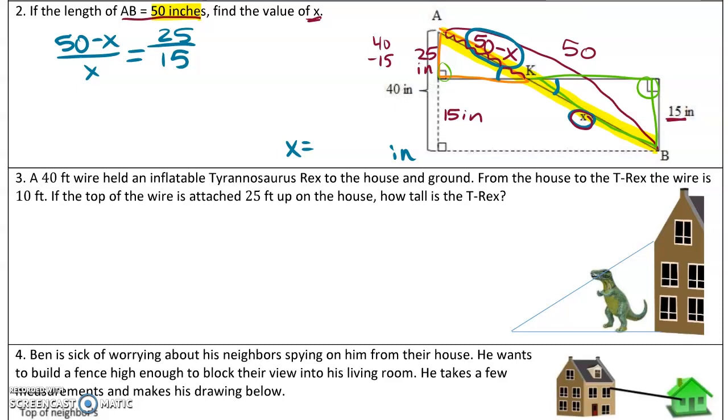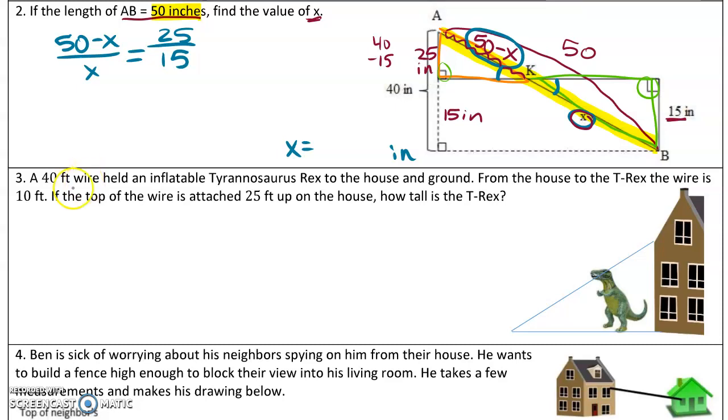But taking a look at number 3, it says a 40-foot wire held an inflatable T-Rex to the house and the ground. From the house to the T-Rex, the wire is 10 feet. If the top of the wire is attached to 25 feet up on the house, how tall is a T-Rex? So let's label our picture.